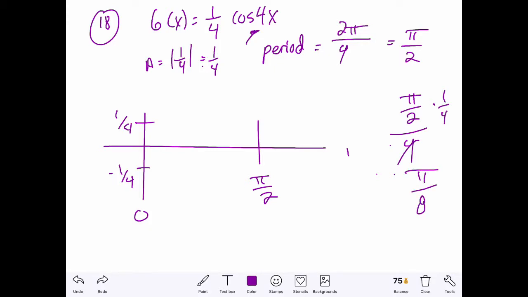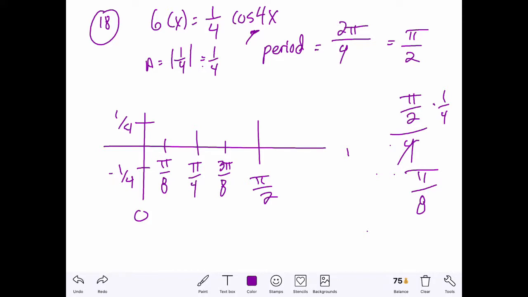So I know when I broke it into 4 equal sections, I'm going to add pi eighths each time. And then 0 plus pi eighths is pi eighths. Pi eighths plus pi eighths is pi fourths. Pi fourths plus pi eighths is going to be 3 pi eighths. And then finally 4 pi eighths, which is pi halves.